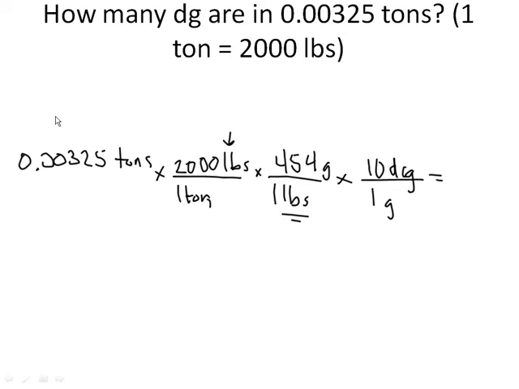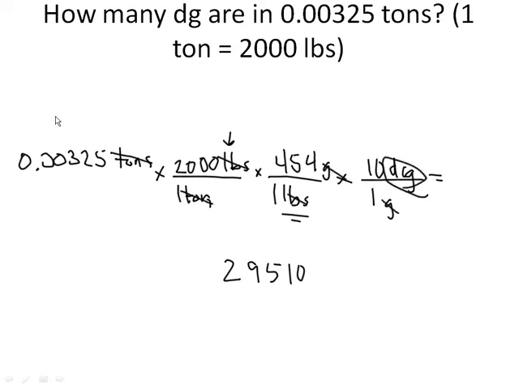So, put it in your calculator, 0.00325 times 2,000 times 454 times 10 gives me 29,510. My units, tons have canceled, pounds have canceled, grams have canceled.